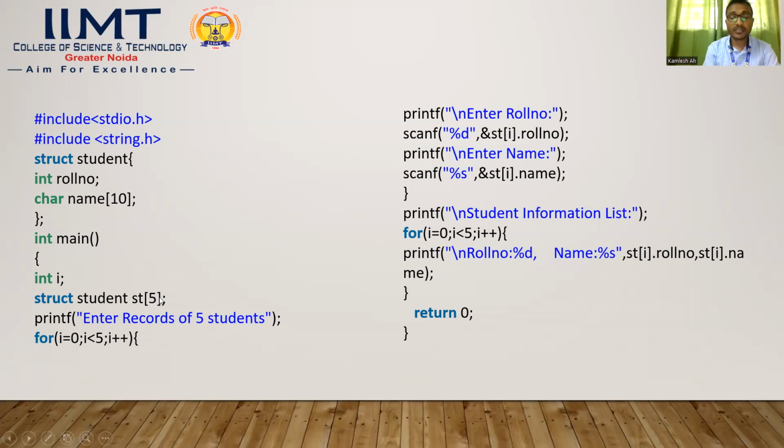Because this holds the 5 student records. The size is 0 and less than 5, because the size is 5, i plus plus each time. When i is 0, it is the first record, i=1 is the second record, and i=4 is the fifth record of the structure.